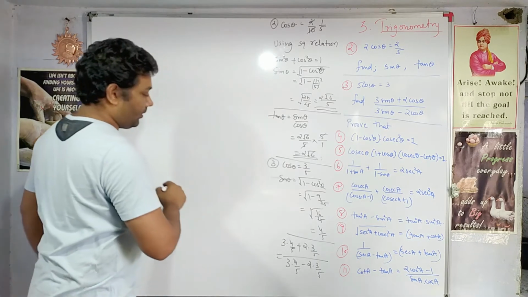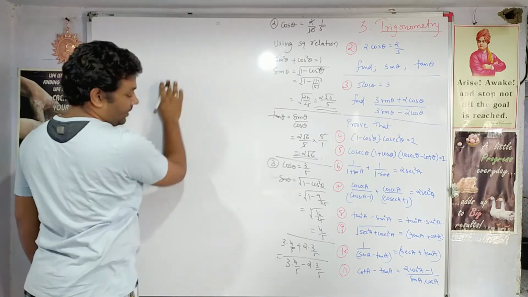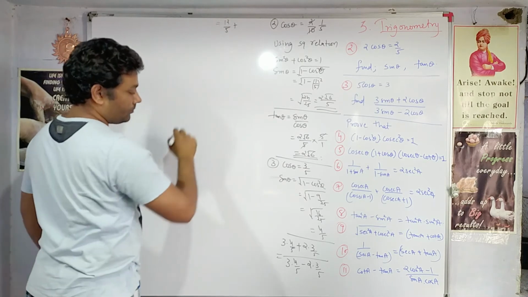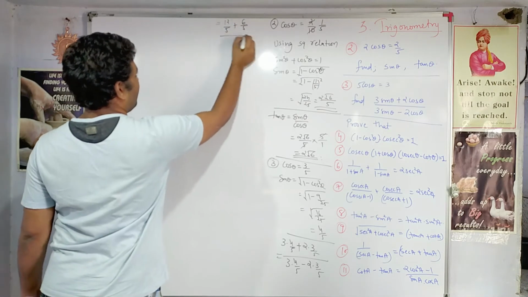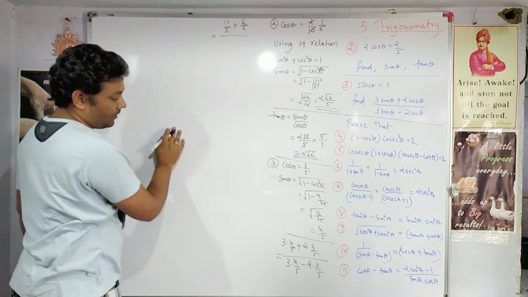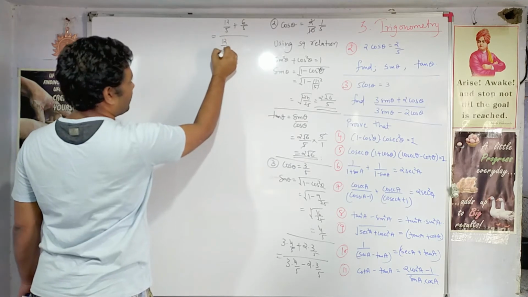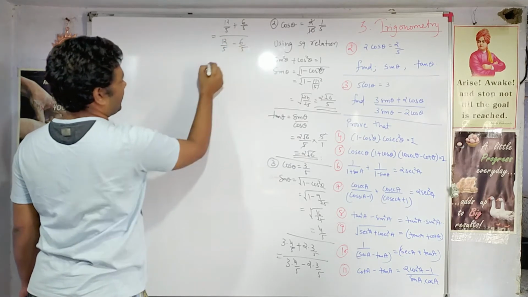Let us solve further. So this will lead to 12 upon 5 plus 6 upon 5, whole divided by 12 upon 5 minus 6 upon 5, right?